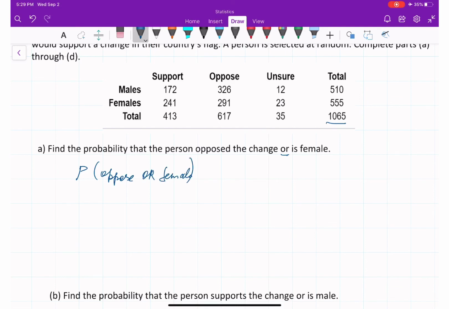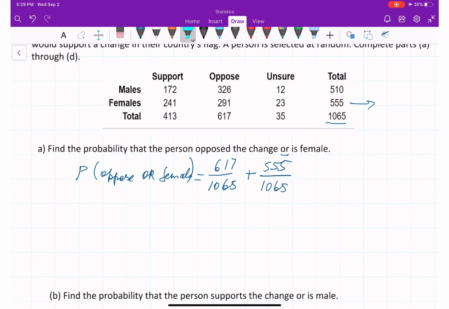So of course, oppose 617 out of grand total 1065. And then plus, how many females we have? 555, right? 555 over 1065.